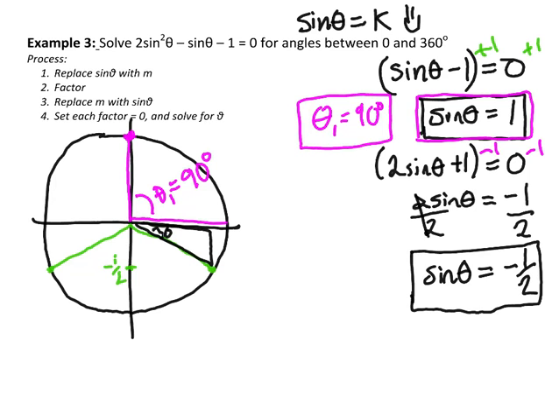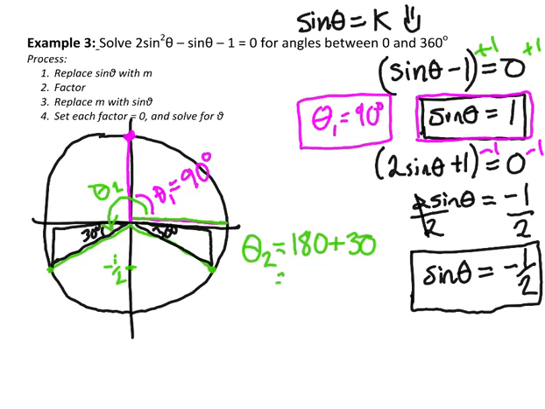It's a 30-degree triangle in here, and this is also a 30-degree triangle here. So let's see what those two angles must be. We measure our angles from the positive x-axis, so going over here to this one, let's do that one first. So maybe I could call that theta 2. Well, theta 2 looks like I'm going to 180 and then adding 30. So it would be 180 plus 30, which is 210 degrees.